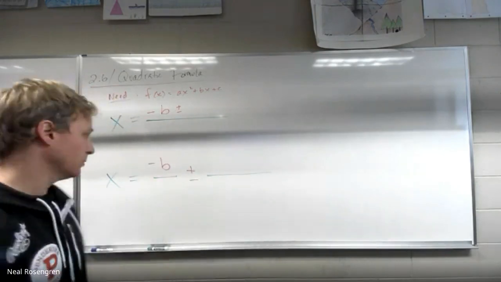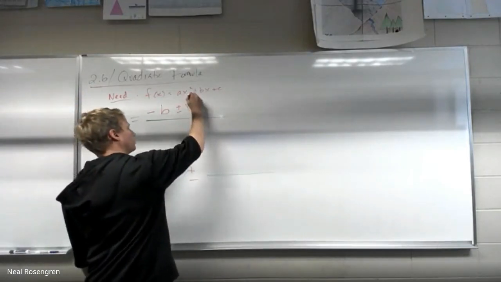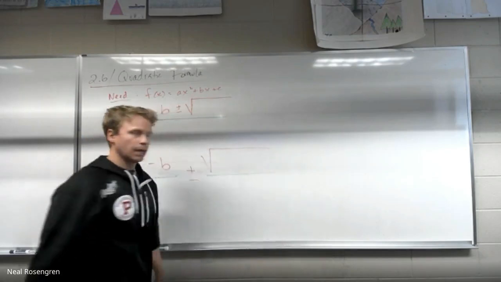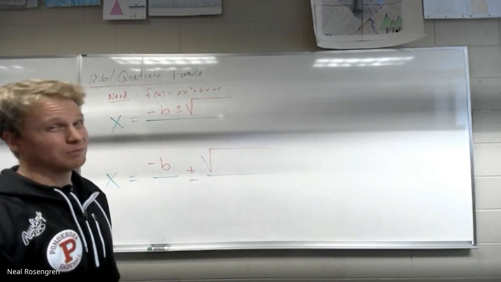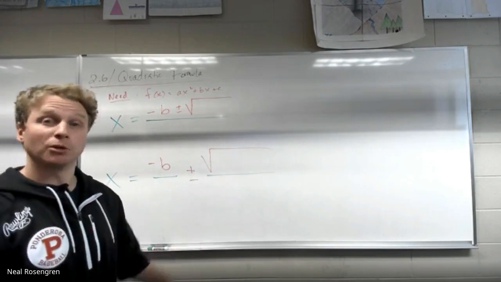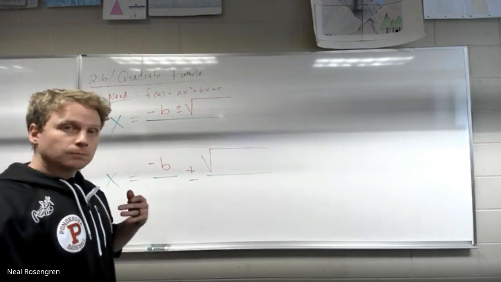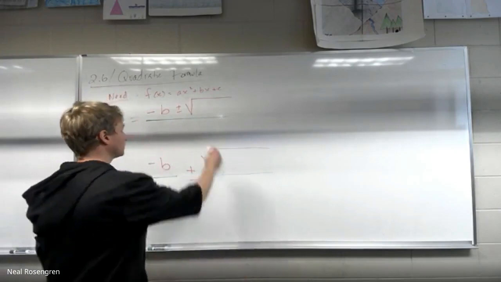Okay, so negative b, plus or minus the square root of, and I actually like having both of these versions written down. So if you're writing one, might be a good idea to write both so that you can pick your favorite once you get there. Okay, so negative b on top of the fraction, plus or minus. It's still on top of the whole fraction, okay?